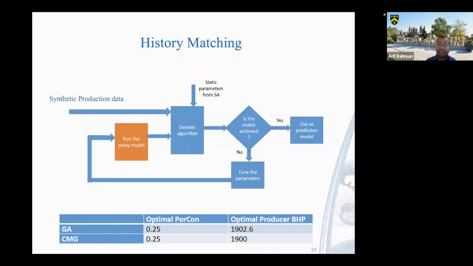But if it does not match with the field production, then we have to tune our input parameters until it matches. The main advantage of history matching is its ability to predict future data based on previous historical data with a high level of reliability and minimum amount of time.